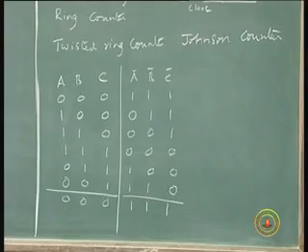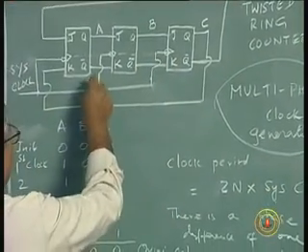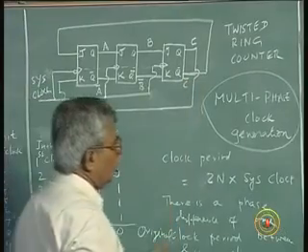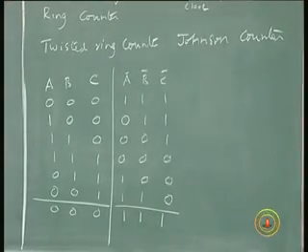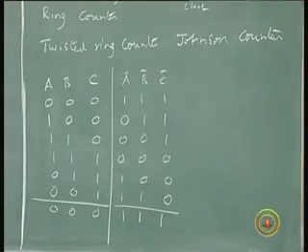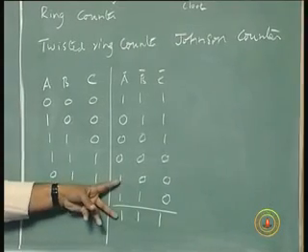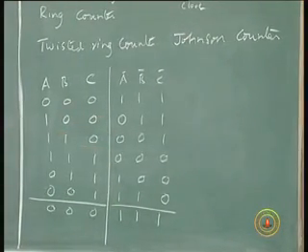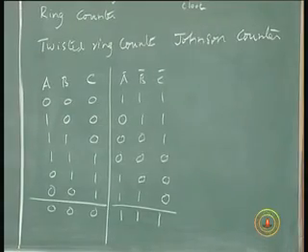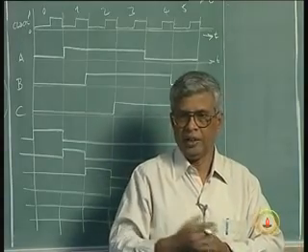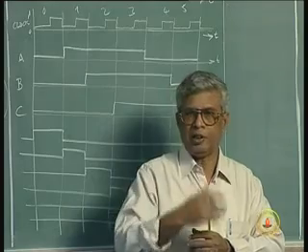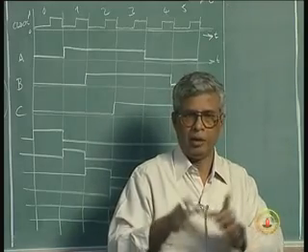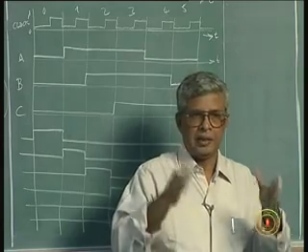So I can call this A, B, C. This is A bar, B bar, C bar. So similar to the A, B, C, I can draw waveforms for A bar, B bar, C bar, which will again have the same on period for 3 clock pulses, off period for 3 clock pulses, but that will be complementary to the corresponding clock. A bar will be complementary to A, so inverse of A. B bar will be inverse of B, C bar will be inverse of C. Again on for 3 clock period, off for 3 clock period, total clock period being 6 times the original clock period.